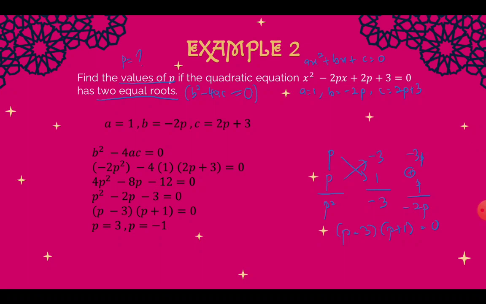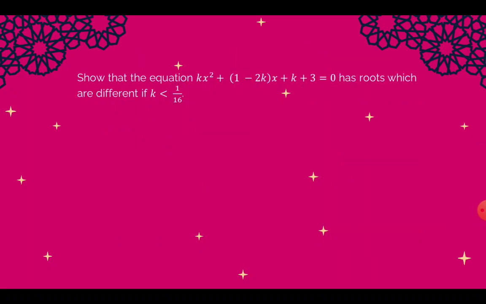Okay, let's look at example 3. Show that the equation kx squared plus 1 minus 2kx plus k plus 3 equals 0 has roots which are different. See? Roots which are different. So what does it mean? It means that we have two different roots, if k is less than 1 over 16.